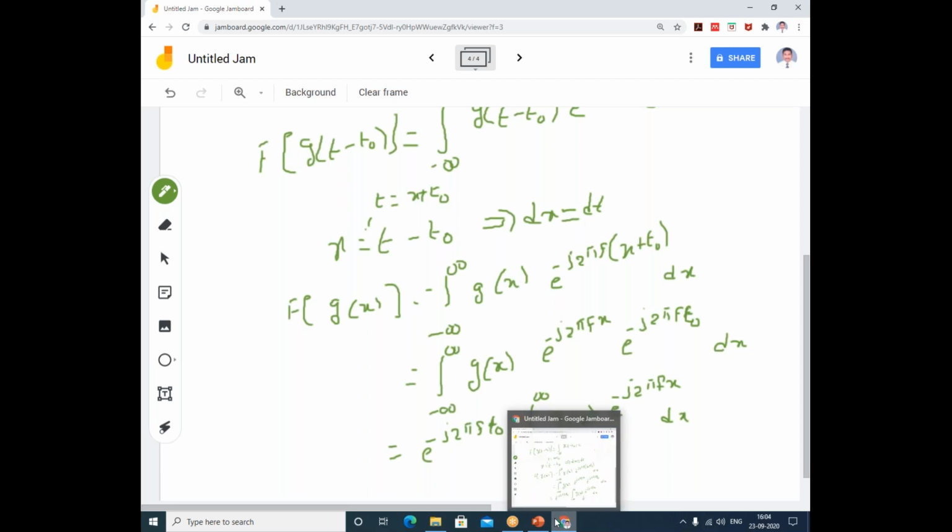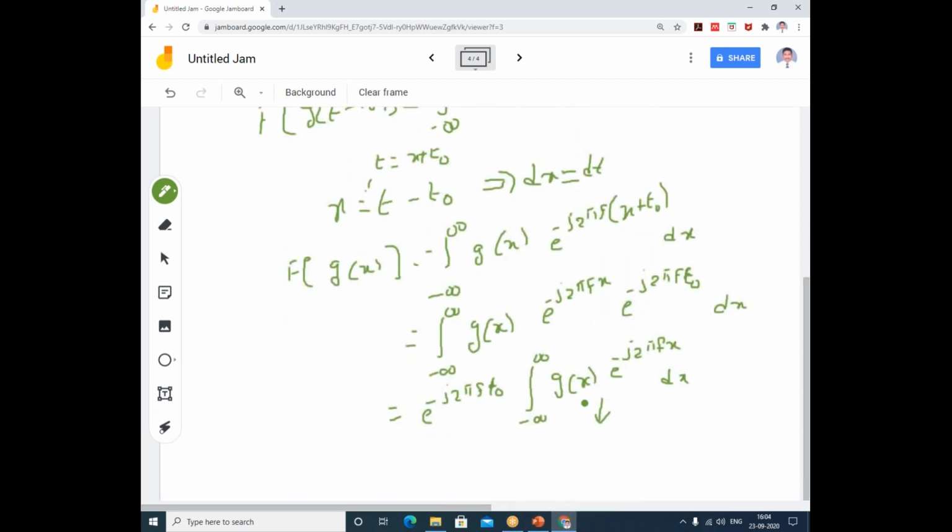This is nothing but G of f, right? In the place of t, I have x. That is the only difference. So this I can write as capital G of f. So I can write e power minus j 2 pi f t naught into capital G of f. This is what the Fourier transform of g of t minus t naught is.